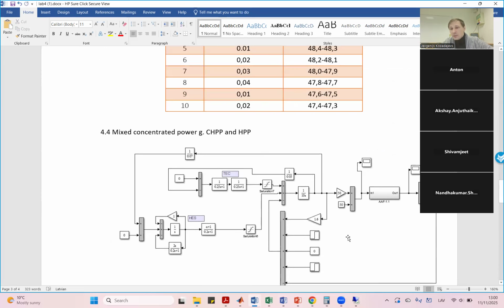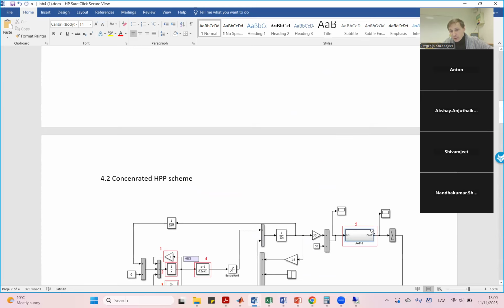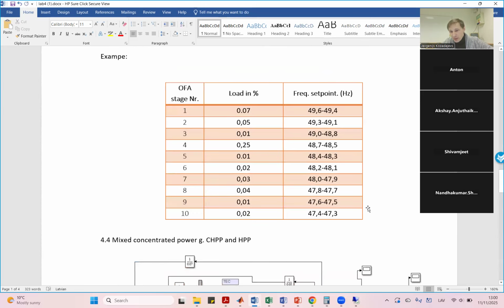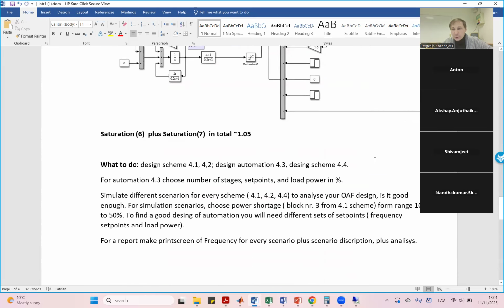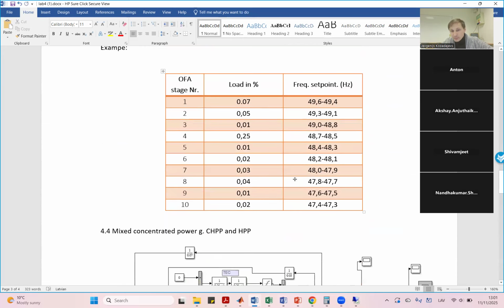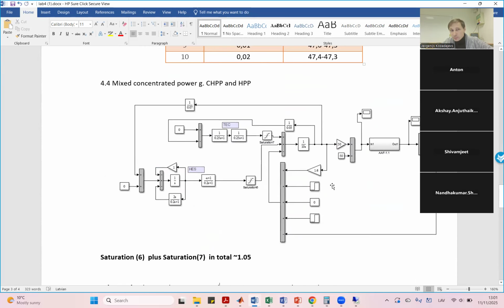You need to design this automation for every model as it is represented in every picture in the figure. You need to put set points. You need to have different outage scenarios for every scheme, with different power outages, with different series of outages.